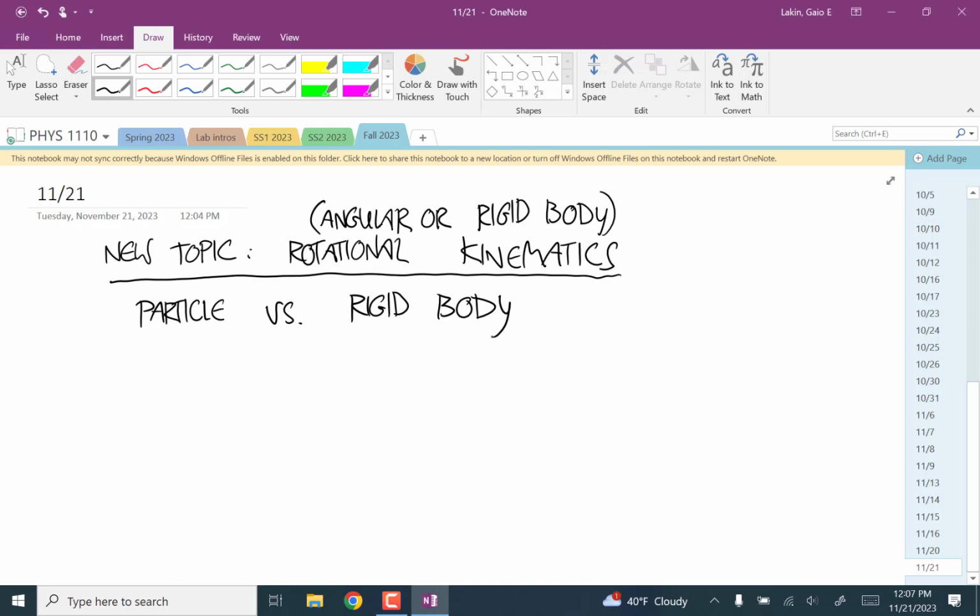Because they have no length dimensions, there's no way to talk about orientations of a particle. You can't tell if it's spinning. It doesn't have a face to tell it's facing this way now, it's facing this way now. You can't tell what a particle is looking at. Particles have no orientation.